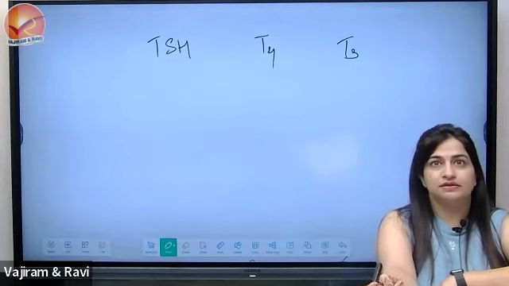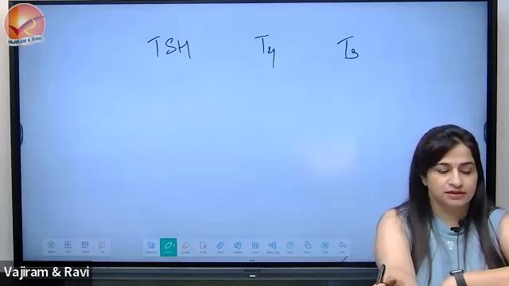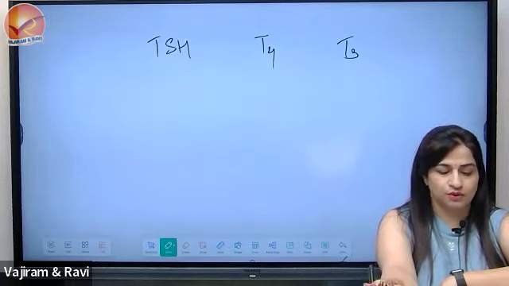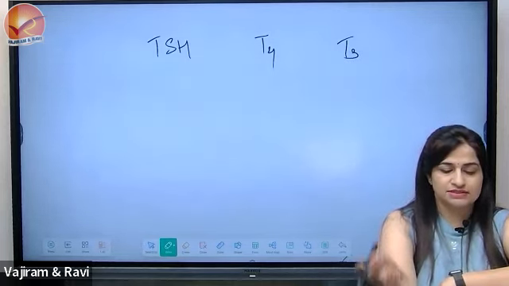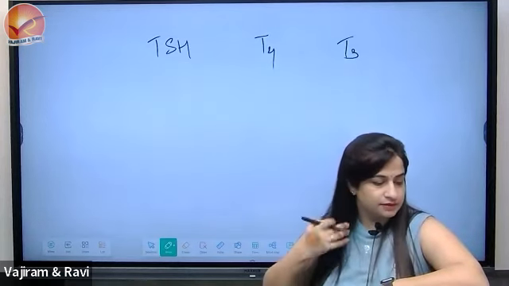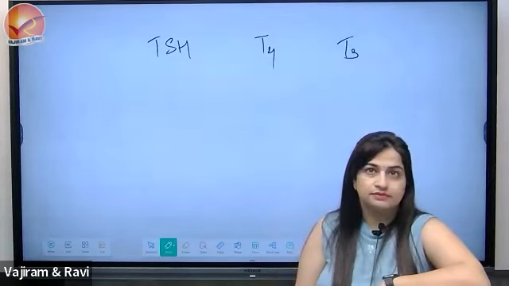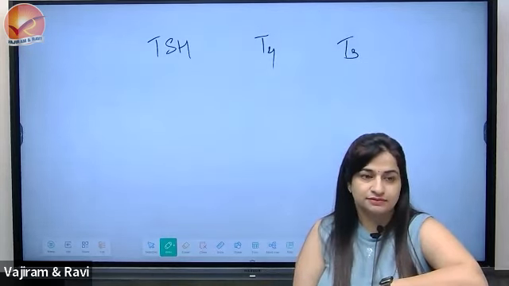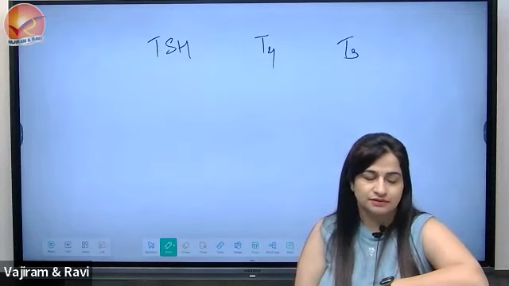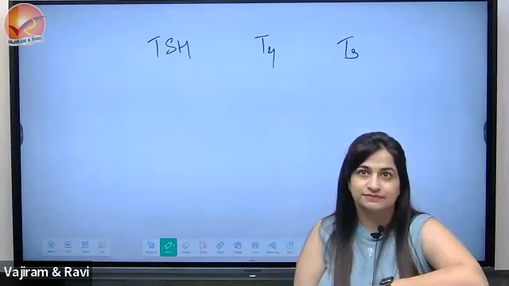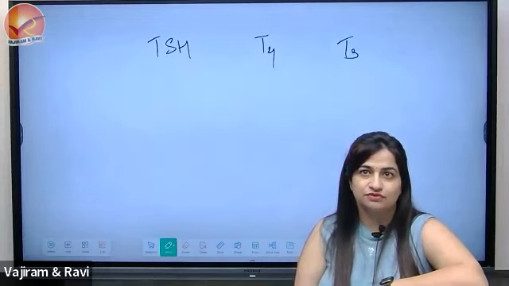Okay, next I come to Rakesh. Rakesh, the next interpretation was TSH undetectable or low, T4 raised and T3 low or normal. This was difficult. Primary T4 thyrotoxicosis?